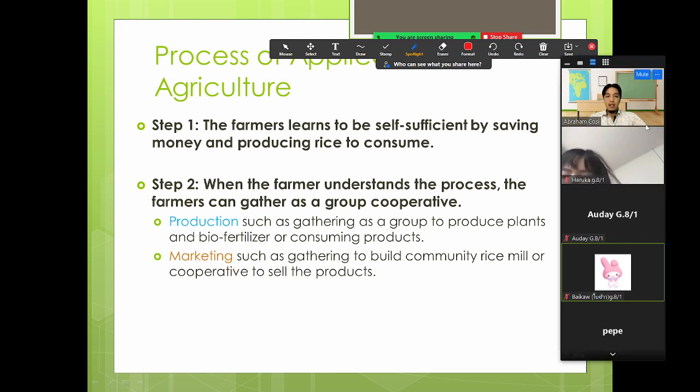Please read. Marketing such as gathering to build community rice mill or cooperative to sell the products. For marketing, they would again gather together to build or buy a rice mill.